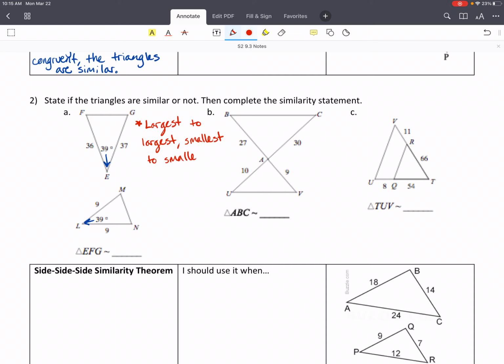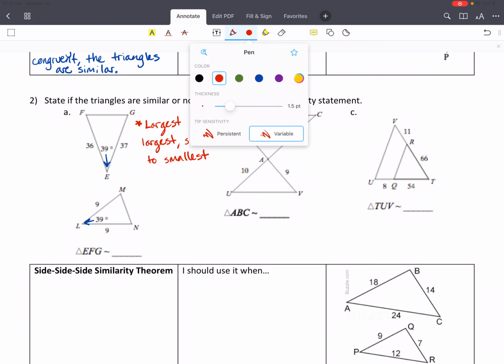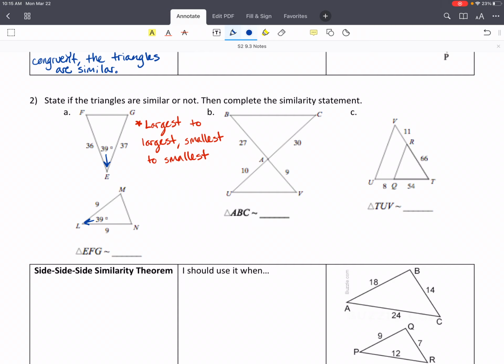I look at largest to largest, smallest to smallest, because no matter if you're multiplied by the same scale factor, it's not going to change that one was bigger than the other to start with. So I can come here, and 36 would have to line up with 9, but 37 would also have to line up with 9. Since those are not the same, I already know that this is not similar. So E, F, G, L, M, N.